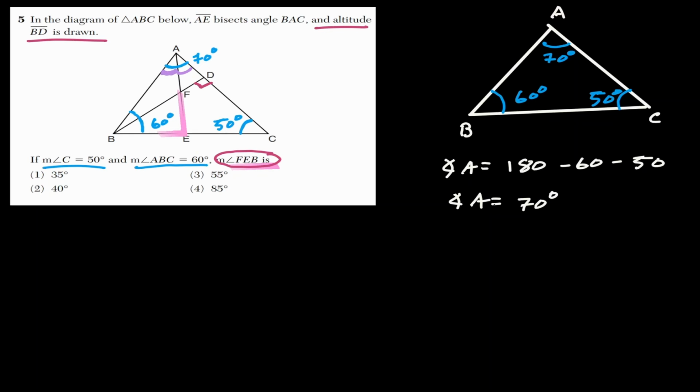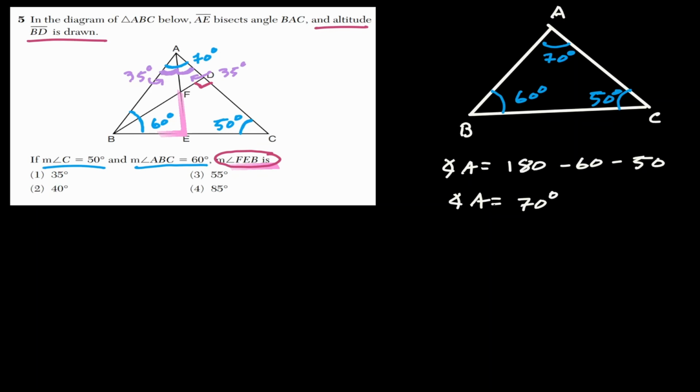So therefore, this little angle that we have in purple will be half of 70 degrees. And the same goes with this angle that we do have on the right-hand side. And half of 70 is 35 degrees. So this angle right here is 35, and this angle right here is 35 as well.